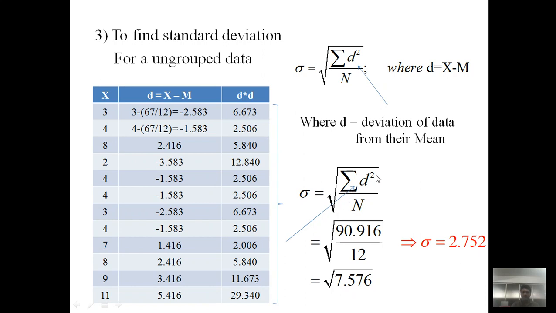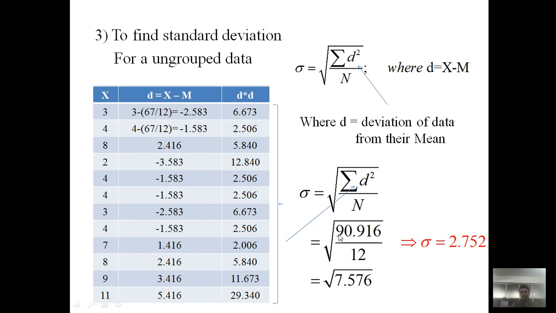So to get the sum of d square we have to find the sum of this last column, that is 6.673 plus 2.506 plus 5.840 and so on plus 29.340, which leads to 90.916, divided by capital N, that is the total number of observations, and here the total number of observations is 12. So 1, 2, 3, 4 and so on up to 12.